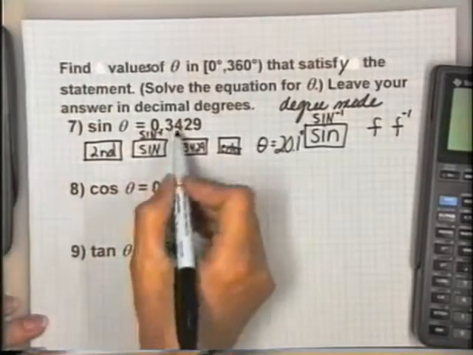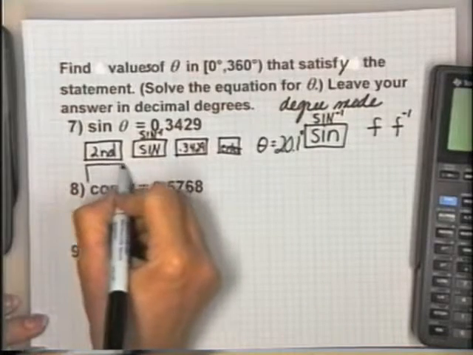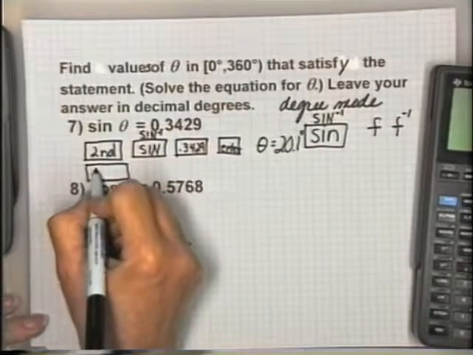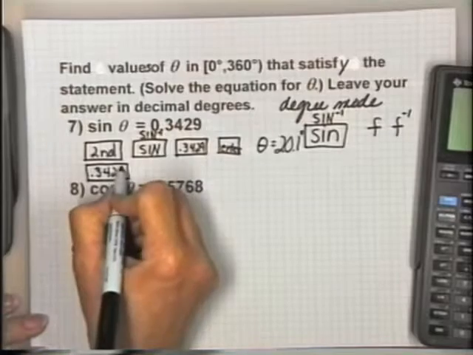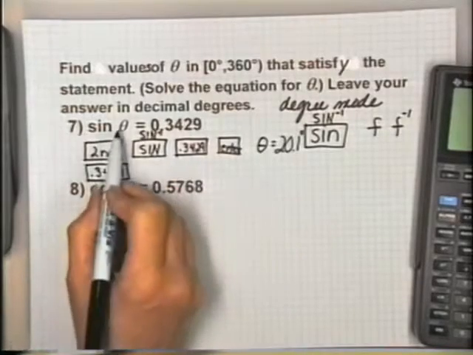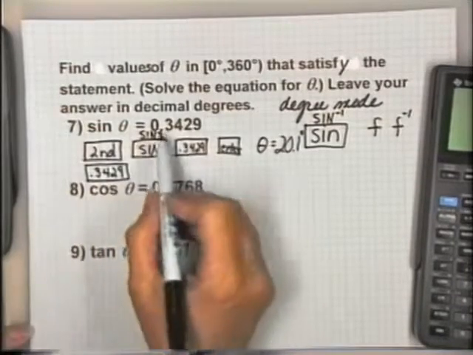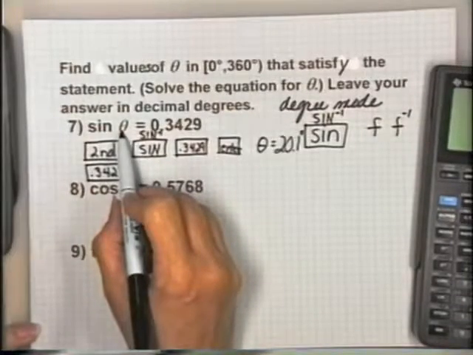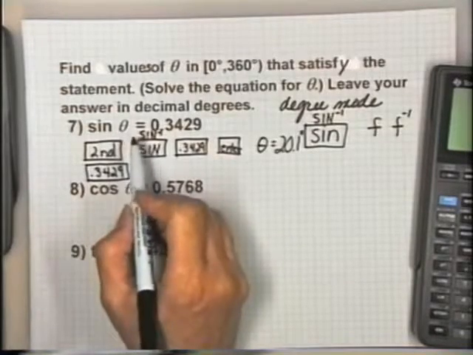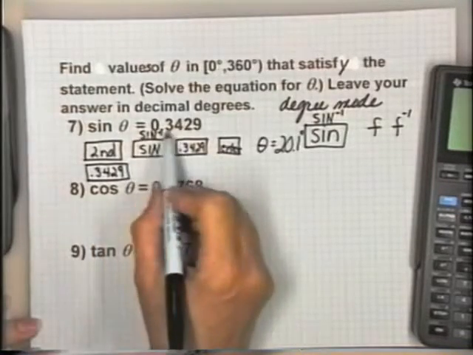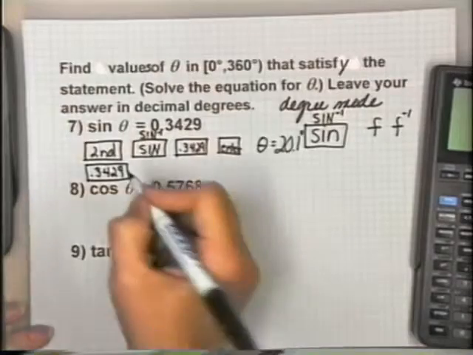On your scientific calculator, you're going to put your sine value in first, and remember that's a sine ratio, that if you had theta in standard position and you had a point on the terminal side, if you took the y coordinate of that point and divided it by r, you would get 0.3429. That's what that means.